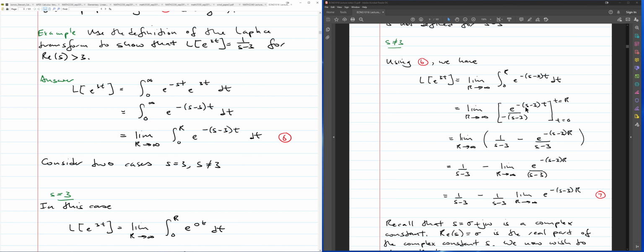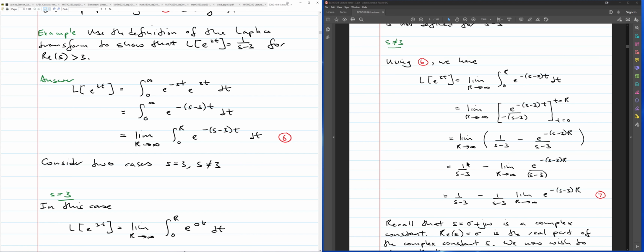So I get 1 over minus (s minus 3). But remember, with t equal to 0, you're going to be subtracting. So this is your second limit. It's going to be the negative of e to the 0 over minus (s minus 3), which means the two negatives cancel, and I get 1 over s minus 3.